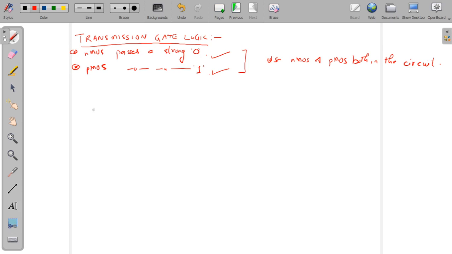So let's say one small example. We have this NMOS pass transistor, and in parallel I'm connecting a PMOS pass transistor.